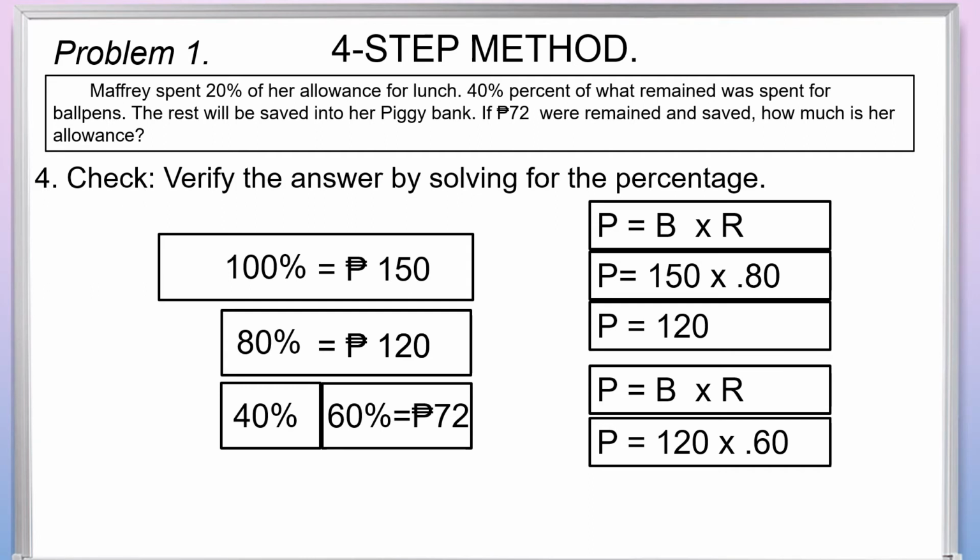Multiplying the two numbers, we have 72. So what we got during solving and checking is equal. This only proves that our answer is correct.